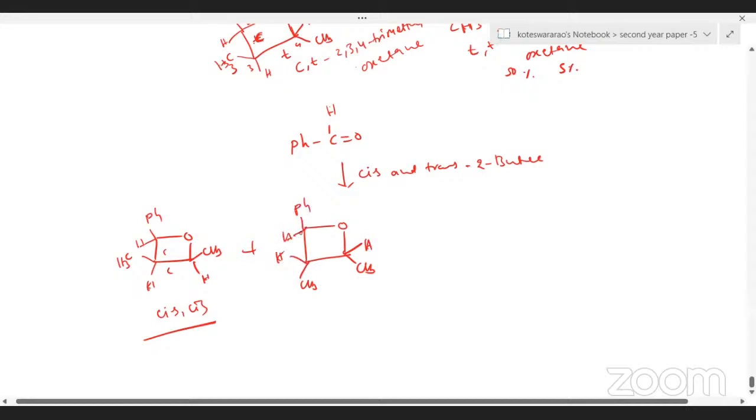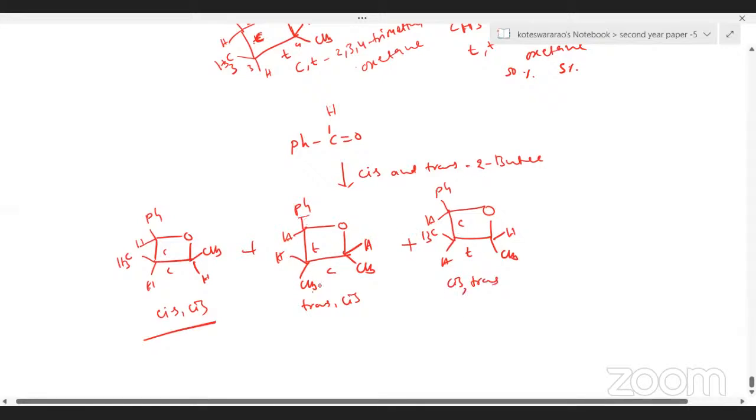Next, Ph. Now this is the trans, this is the cis: trans, cis product. Next, CH3, hydrogen, CH3, hydrogen. Then the cis, trans product. But here the groups are different.